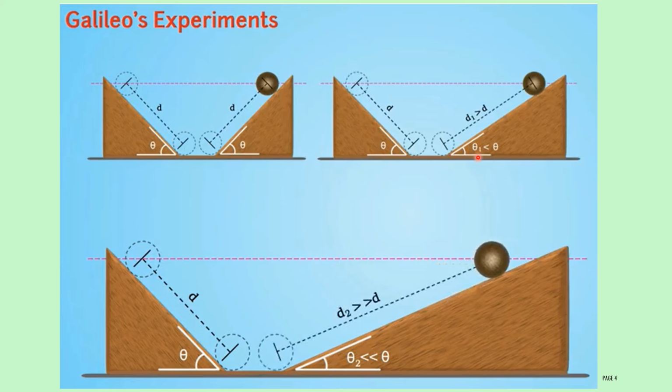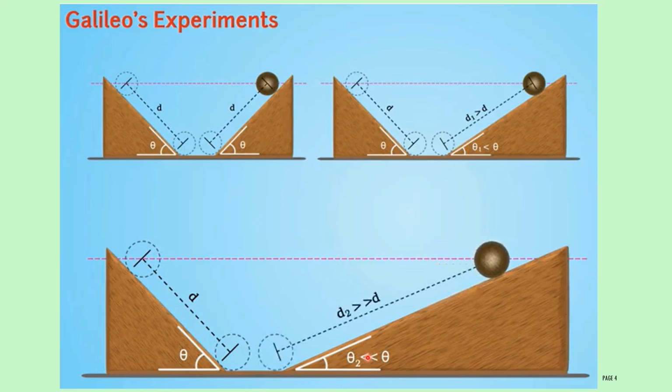If the angle of the second inclination theta 1 is less than theta, the angle of the first inclination, then on the second inclination the ball has to cover more distance, d1 will be greater than d, to reach the equal height. Here you can observe that on the second inclined plane the ball has to cover more distance to reach the equal height on both planes.